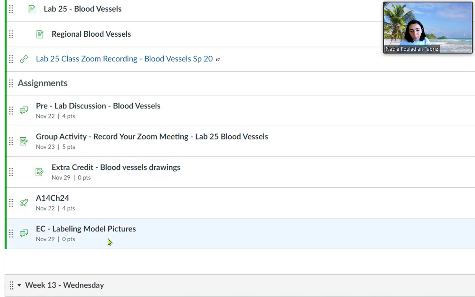This is the labeling model extra credit, and this one is the picture assignment for chapter 24, the respiratory system. Due is before November 22nd. So that was all about today. Let me pause this.